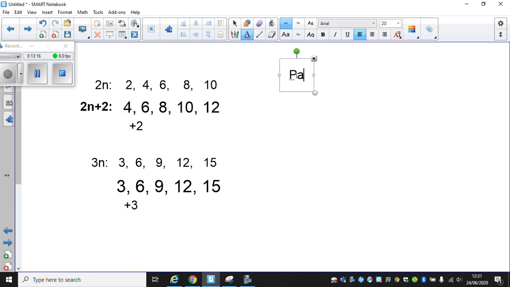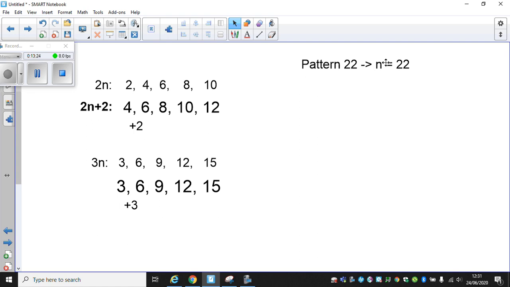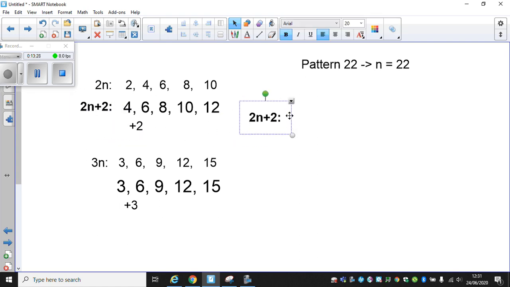Now, pattern number 22, what this means is n is going to be the value 22. So I'm going to use this rule, 2n plus 2, and I'm going to replace n with 22. So I'm going to do 2 times 22 plus 2.